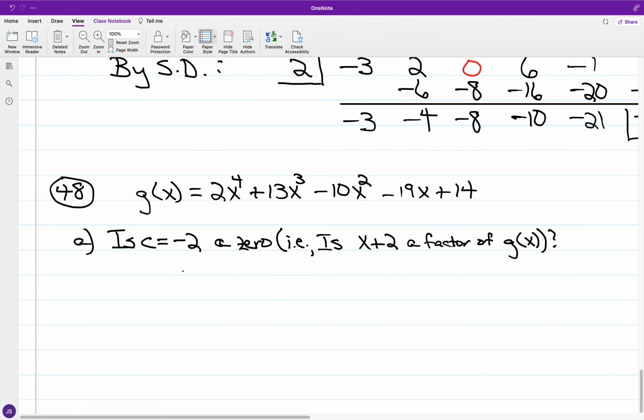And okay, now if we go with, say, the remainder theorem, you could also do the synthetic division as well.